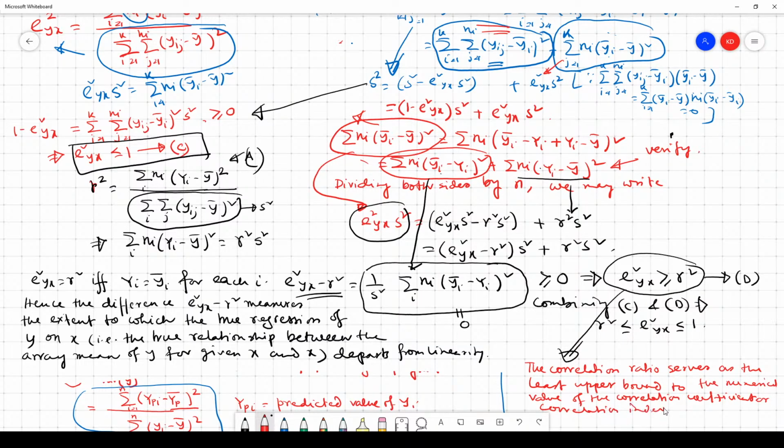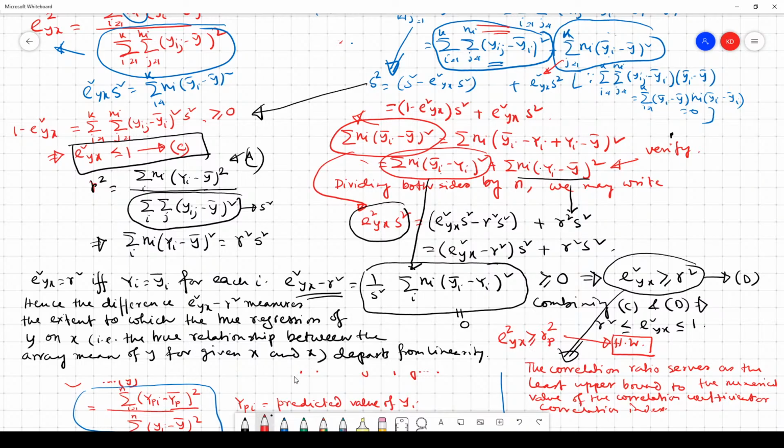Why? Because instead of linear you can use a p-th degree polynomial, then again you see that e square yx is greater than or equal to rp square. Using the same procedure, you can easily show this. So this is your homework. Please verify all these steps and prove that e square yx is greater than or equal to rp square.